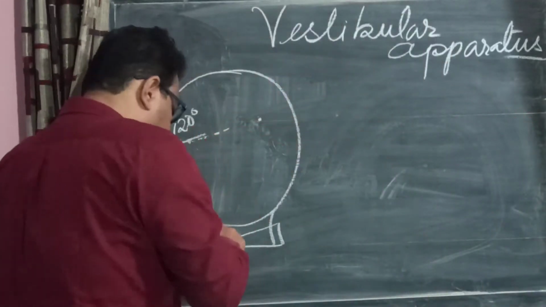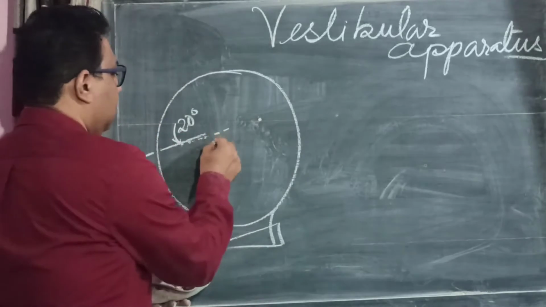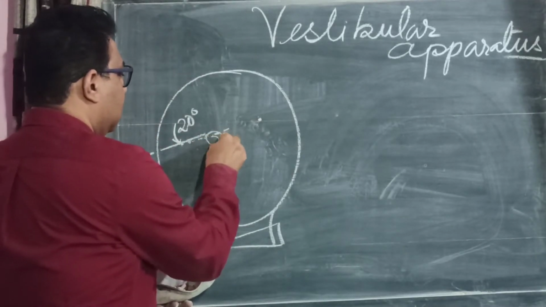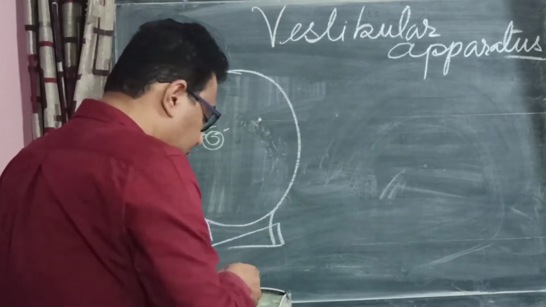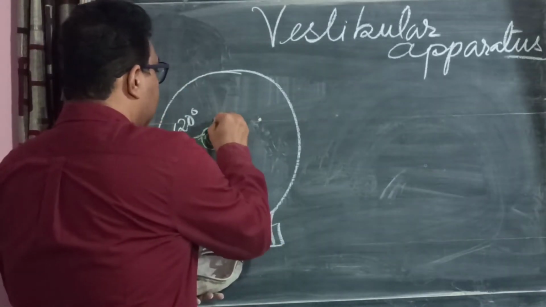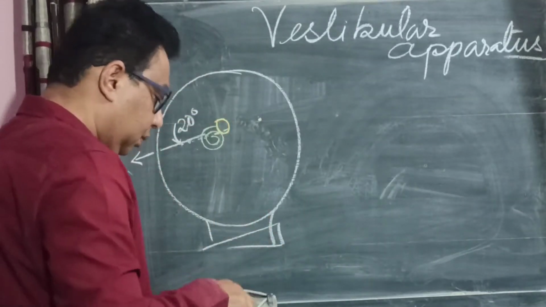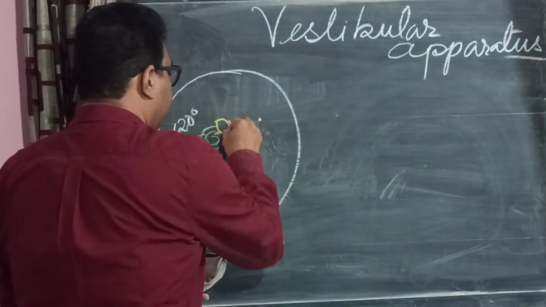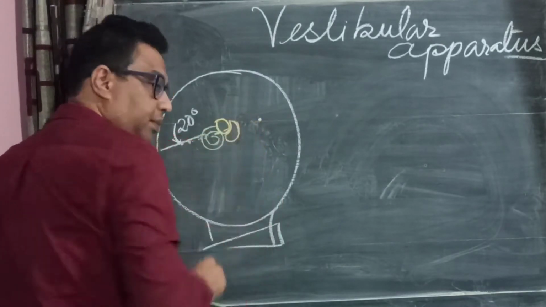At this position, here we have the cochlea. Then related to the cochlea, we have the saccule.